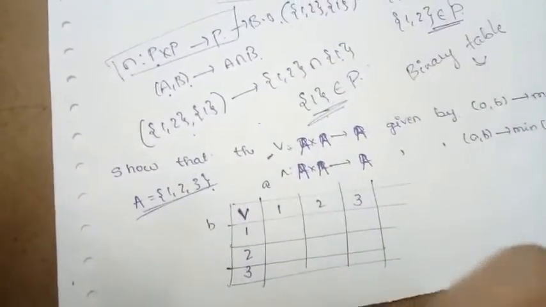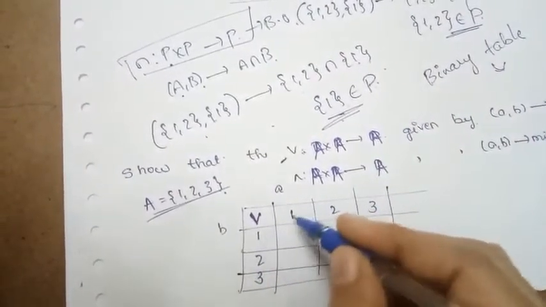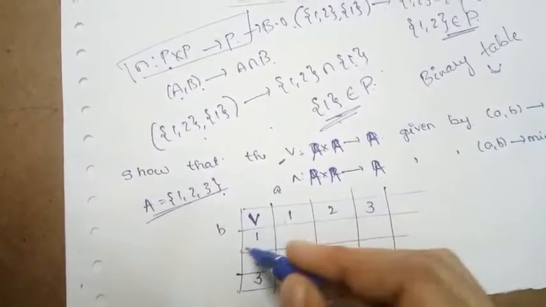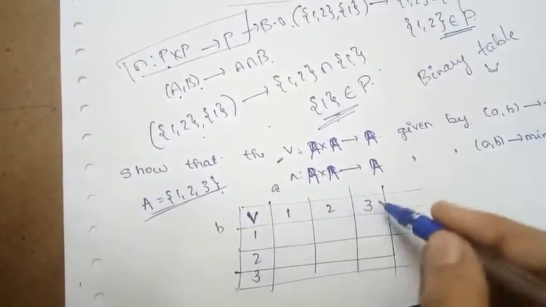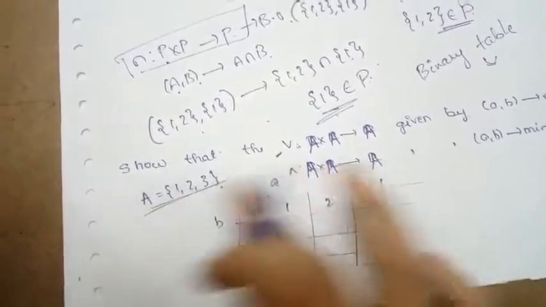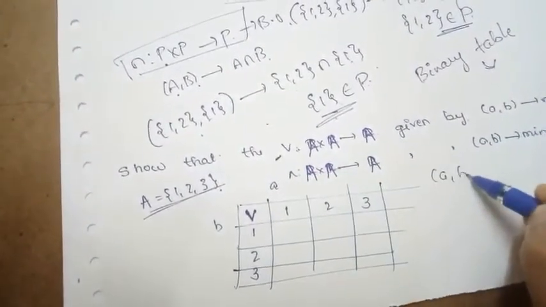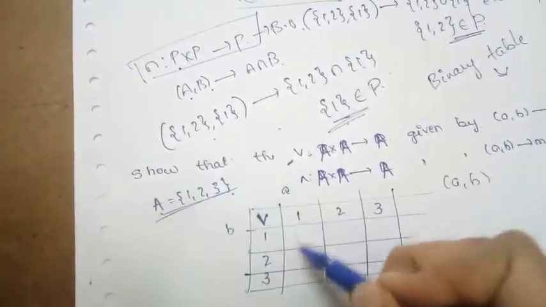So all possible ordered pairs fill these boxes: 1 comma 1, 2 comma 1, 3 comma 1, 1 comma 2, 2 comma 2, 3 comma 2, 1 comma 3, 2 comma 3, 3 comma 3.